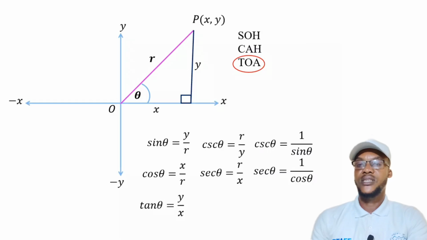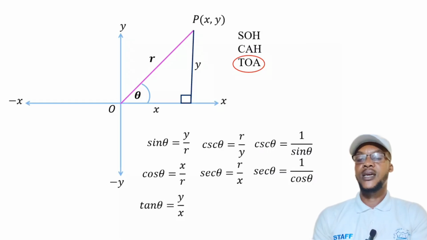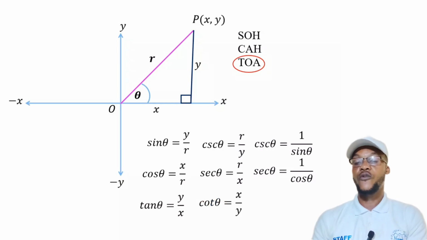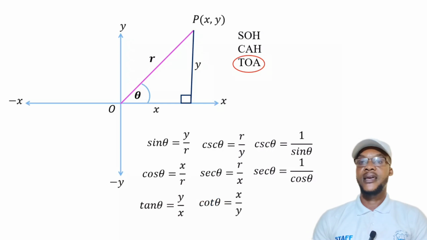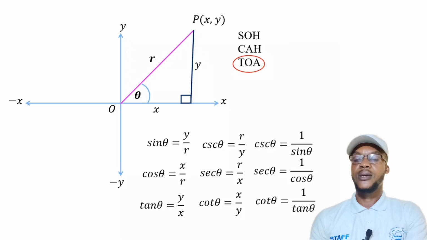Then its reciprocal is the cot. As I said, you just reciprocate it. When you are able to find the three basic ratios, finding their reciprocals is very easy. You only have to reciprocate it, and you are good to go. Note also that cot theta is the same as 1 on tan theta.